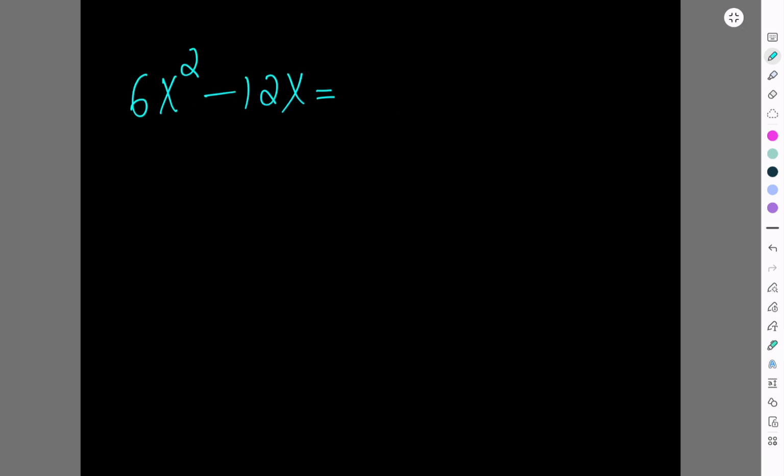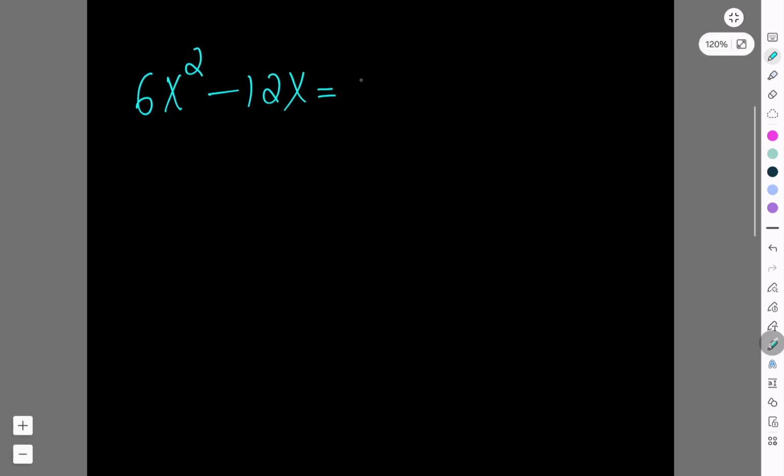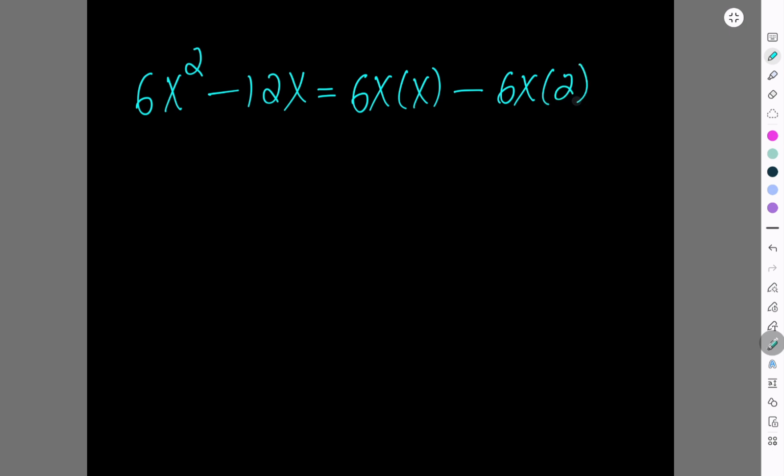Next example, 6x squared minus 12x. We can write 6x squared as 6x multiplied by x, then minus. We can write 12x as what? 6x multiplied by 2, so that we can have 6x as the common factor.